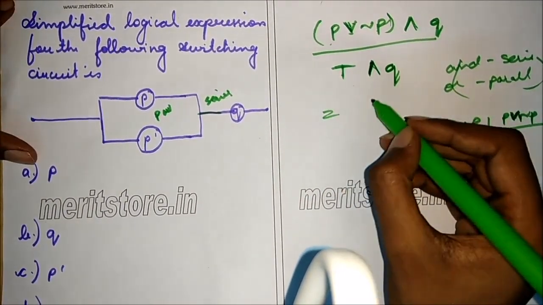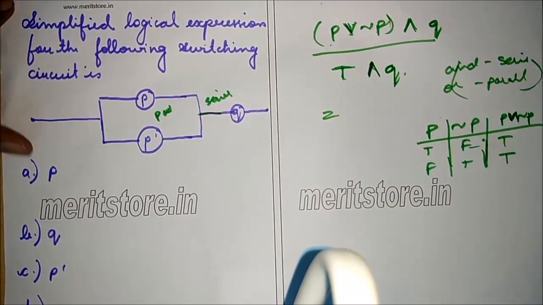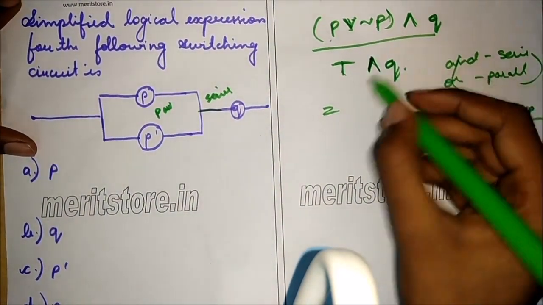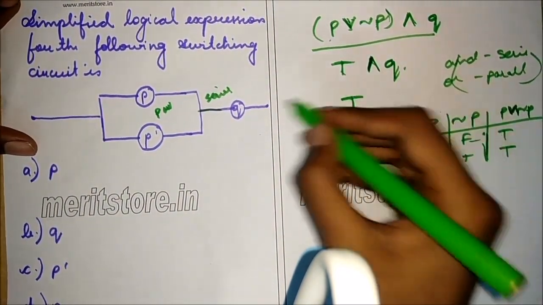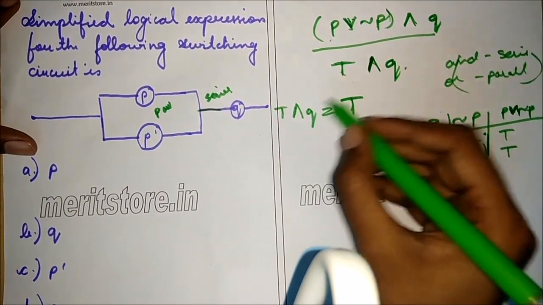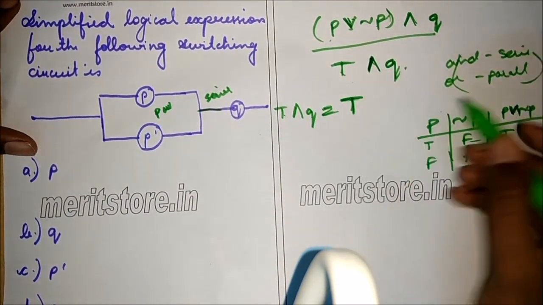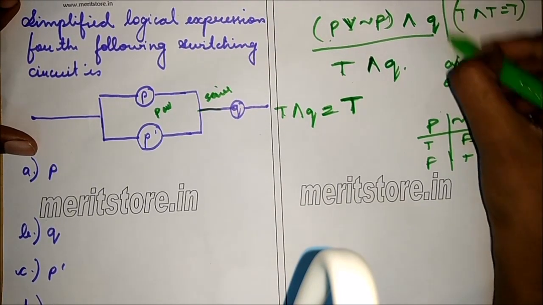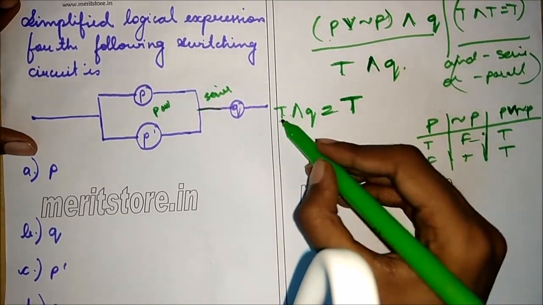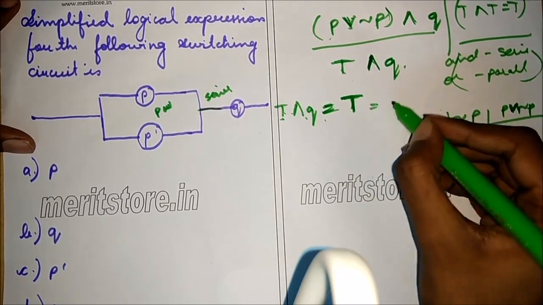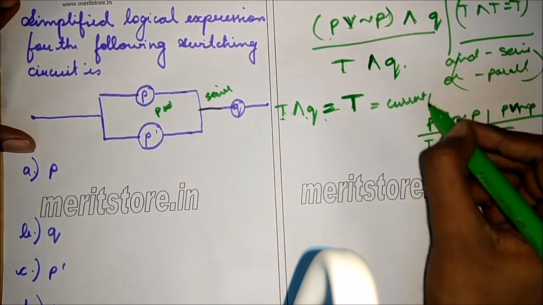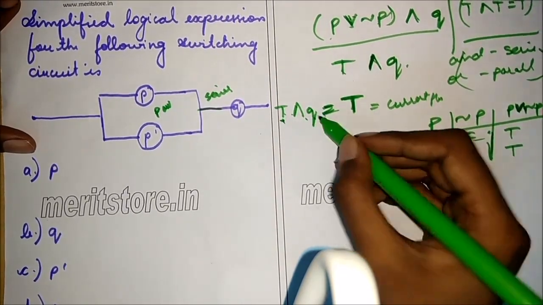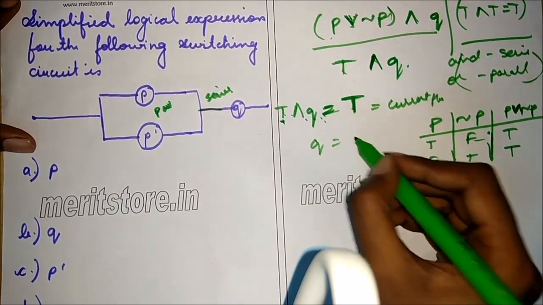Now T and Q, for current to flow, the condition should be true. That is, T and Q should be true. Since T is T, for the AND condition, T and Q should be true for current flow. So both the terms should be true. Therefore Q must be true.